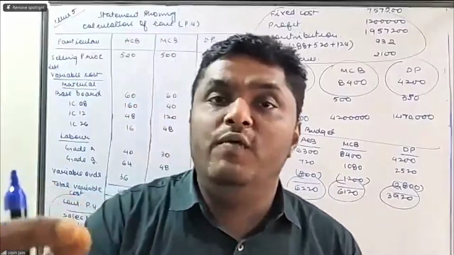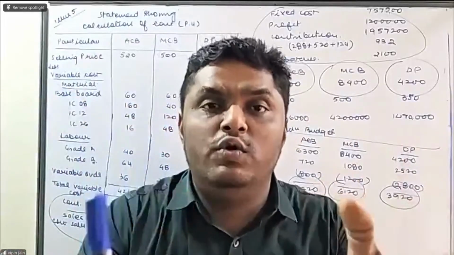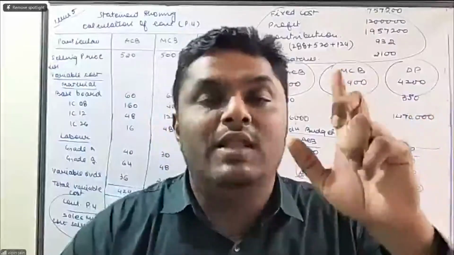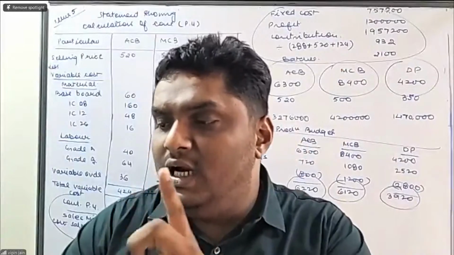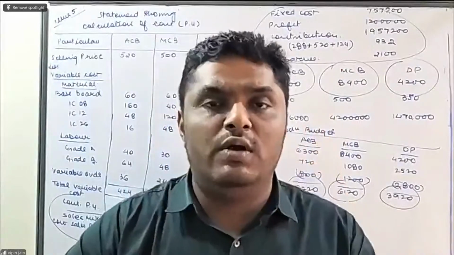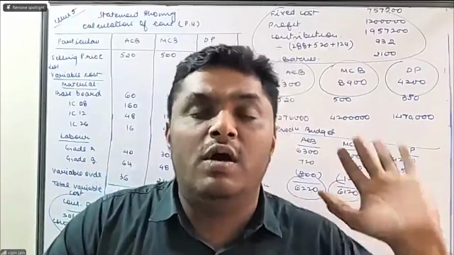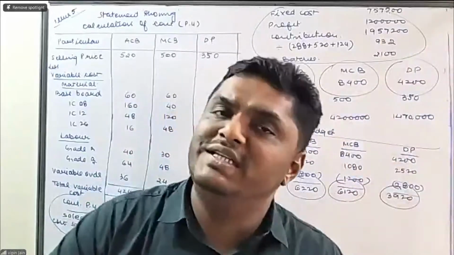Now, if you want to calculate the purchase of raw material, in raw material used, you have to add closing stock and subtract opening stock. The opening stock is given in the question, that is 1,600, 1,200, 6,000 and 4,000. So the closing stock will be 10% less than opening stock. So usage we have, opening stock we have, closing stock we have.